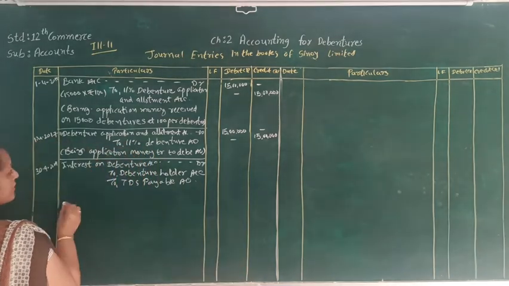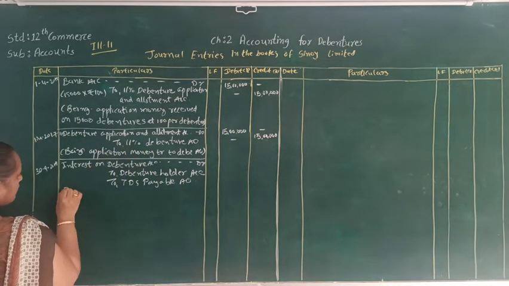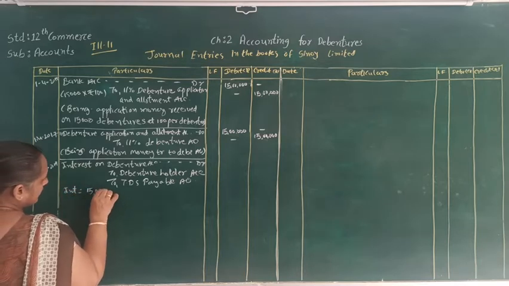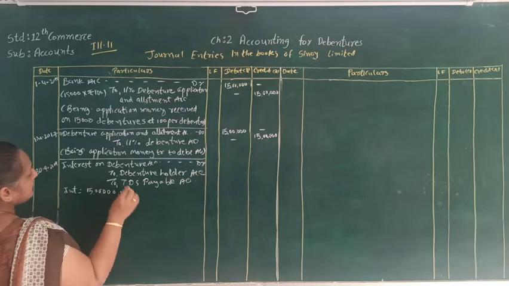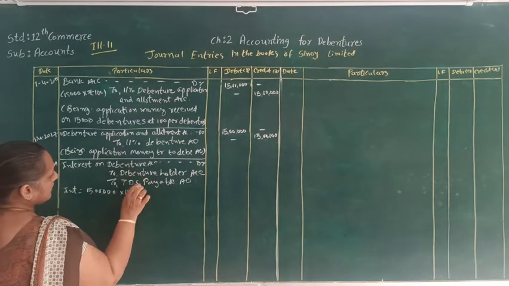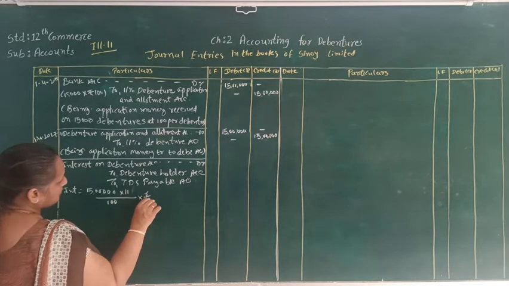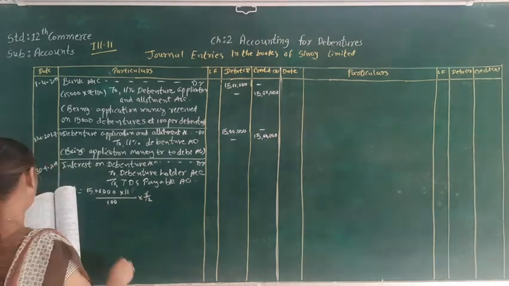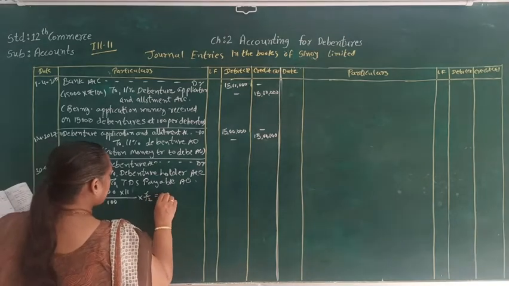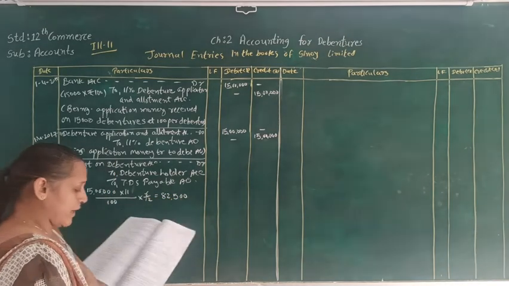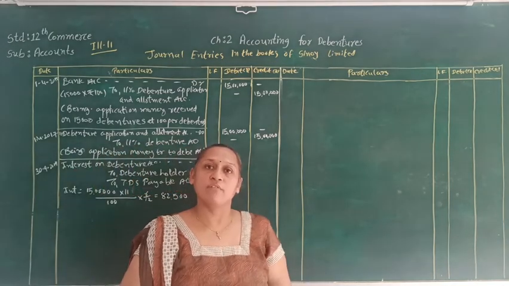As we know, the amount of interest is 15 lakh at 11%, and the interest is paid for 6 months, so the total amount will be 82,500. And here the company is paying tax at the rate of 20%.